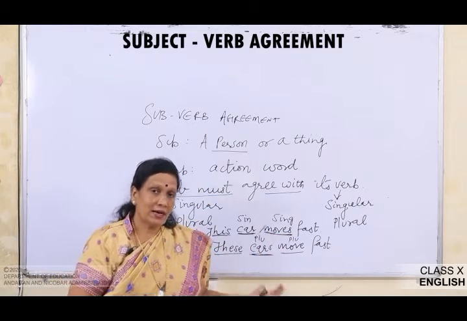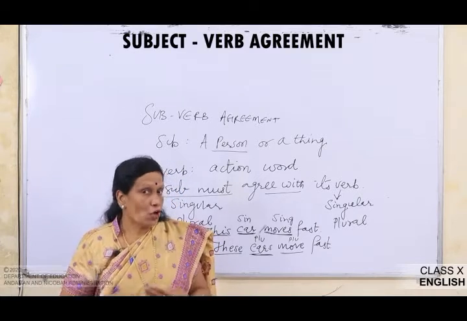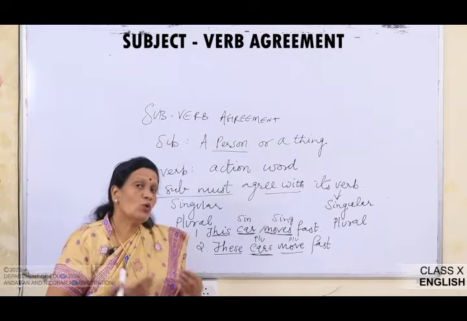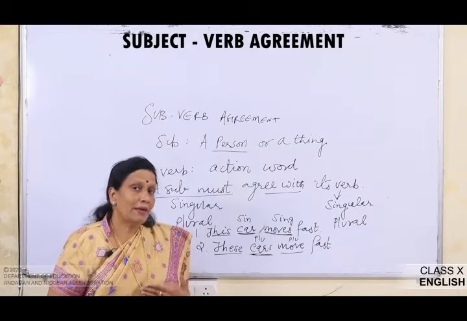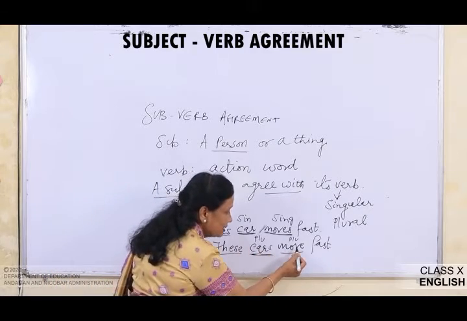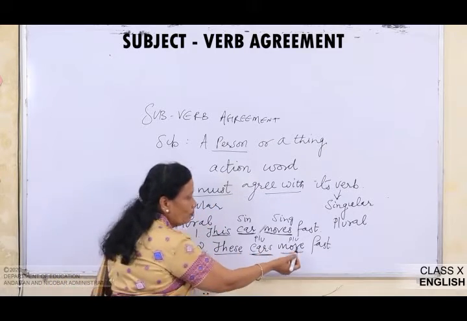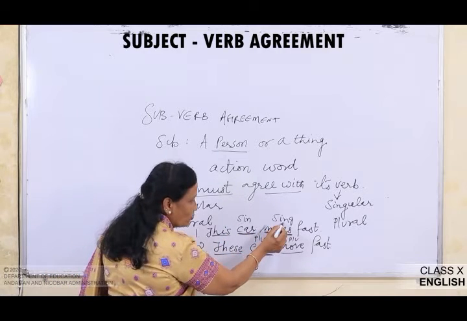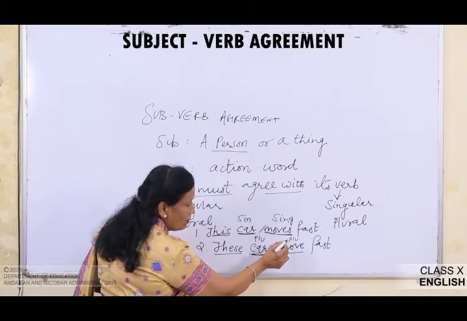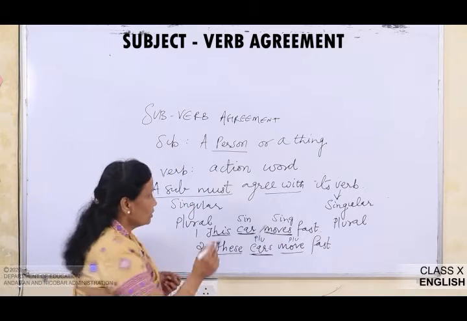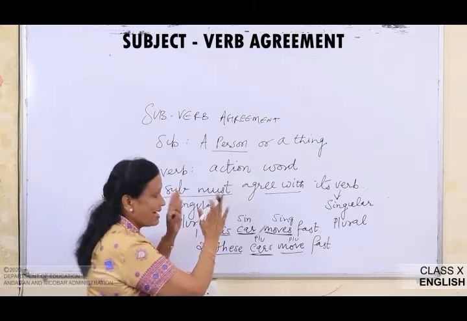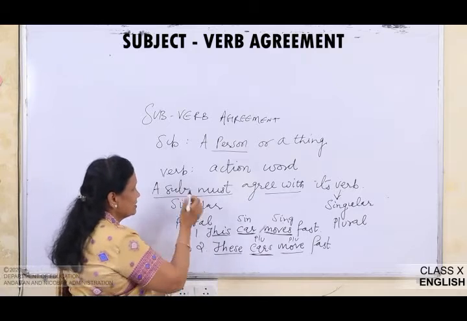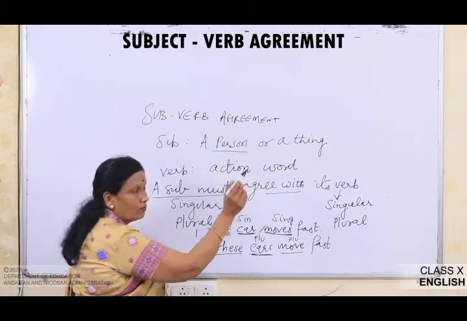She runs, he runs, she talks, she writes, they write, you write, the children play. So the cars move, there is no s here. So singular subject, singular verb, plural subject, plural verb. So this is what is called as subject verb agreement. That means in a sentence the subject must agree with its verb.